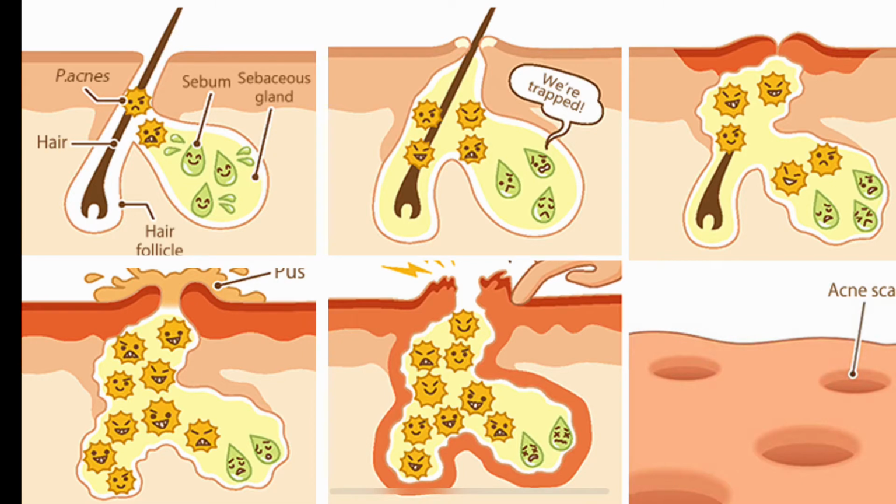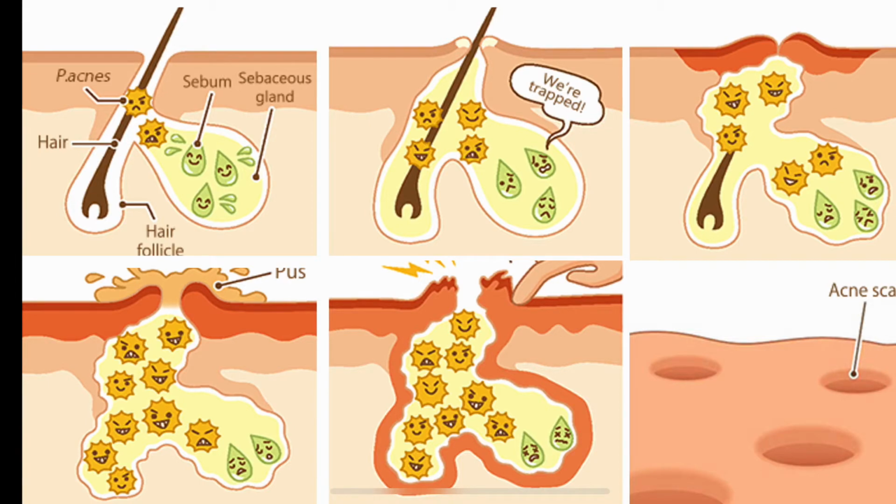The third picture shows when sebum builds up. P. acnes, which live on fatty acids in the sebum, begin to increase. P. acnes produces a variety of substances that cause inflammation, resulting in reddish inflammation known as papules.